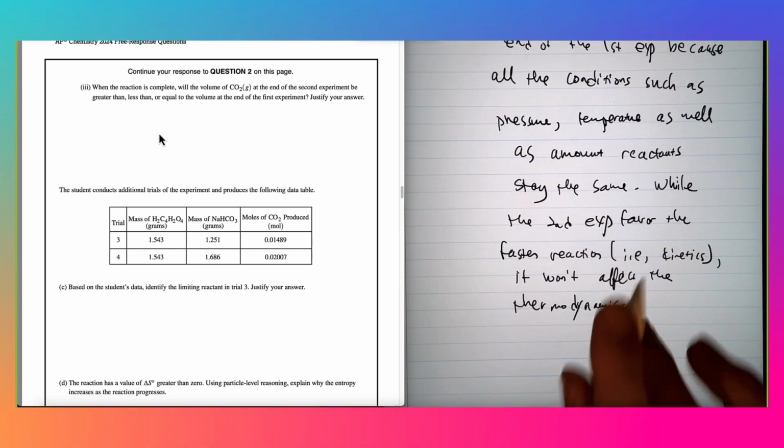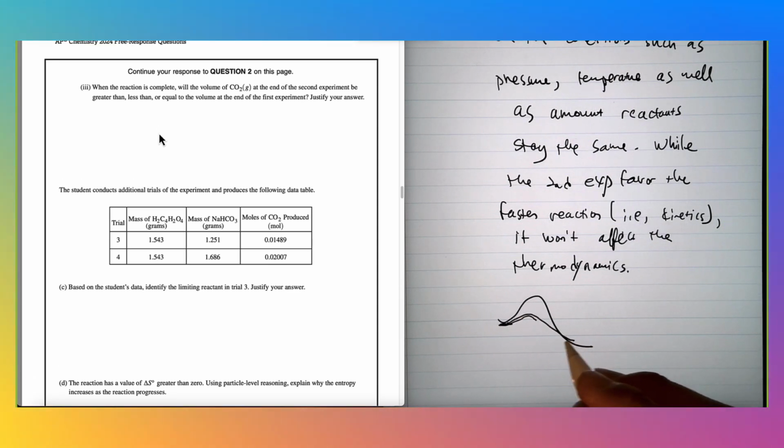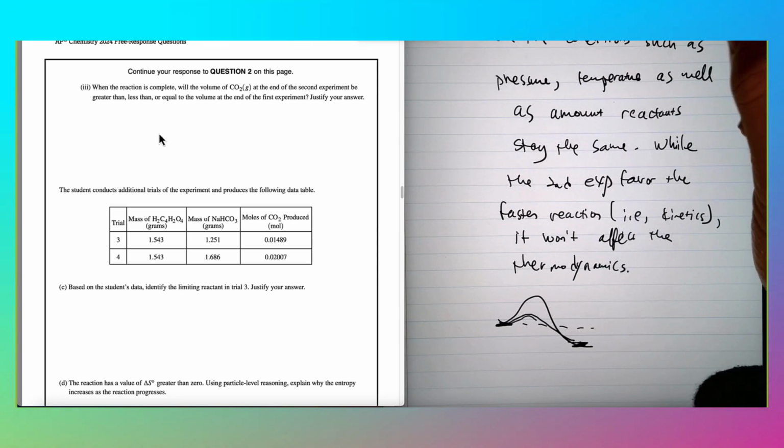Okay, so you guys remember something like a catalyst. So the thermodynamics aspect, like the change in temperature or change in energy, won't change unless you change some conditions at the beginning of the chemical reaction.